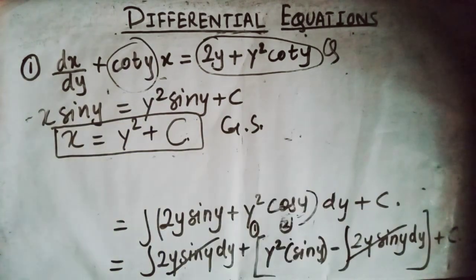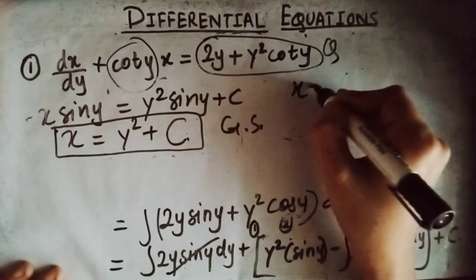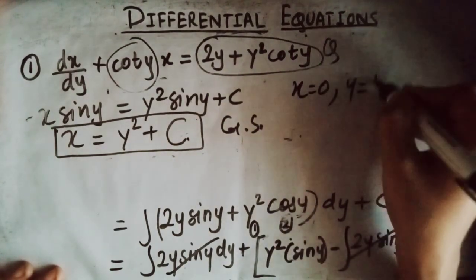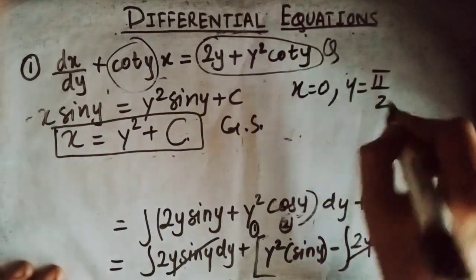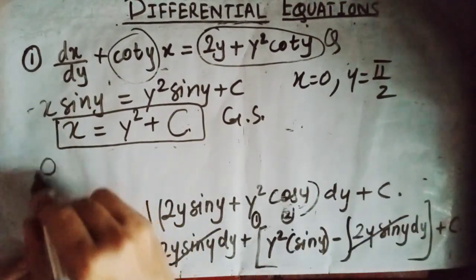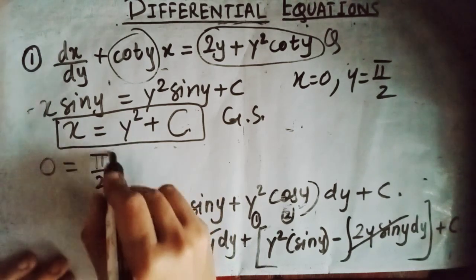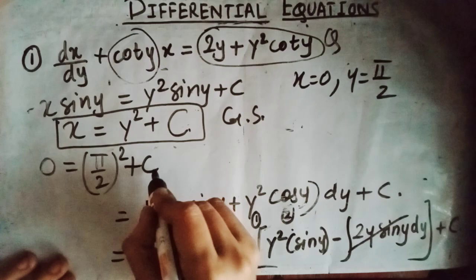Now here some conditions are given. Okay, I will write them. At x equal to 0, y is pi by 2. This you have to substitute here to get the particular solution. So x is 0 and y square, so pi by 2 square plus c.